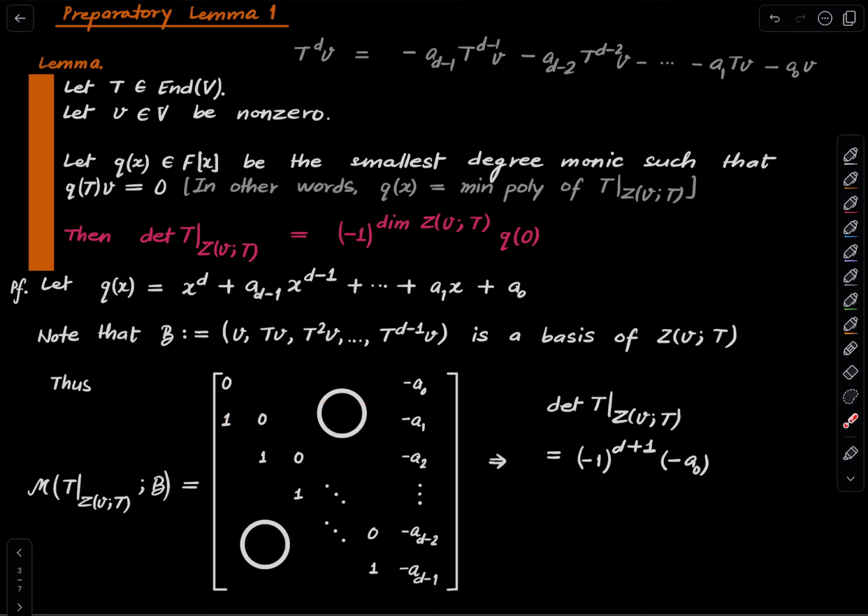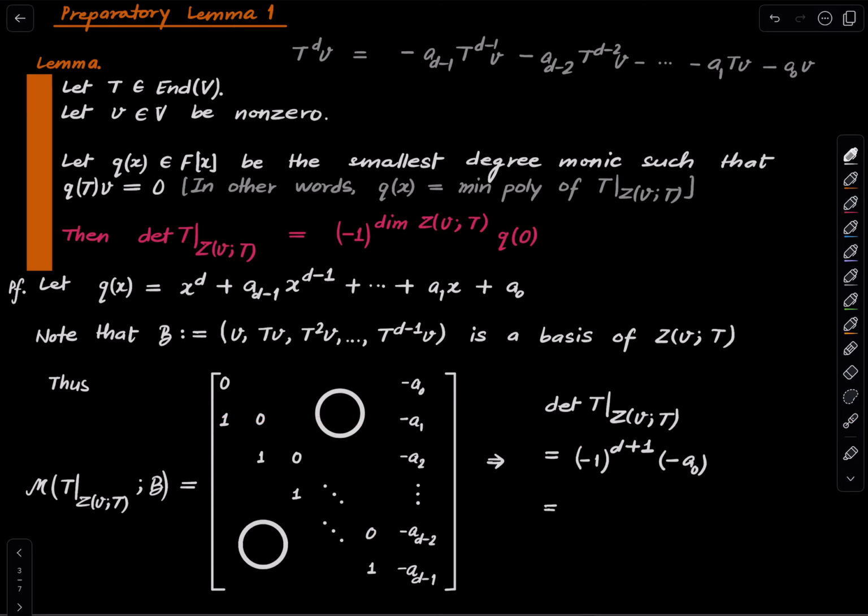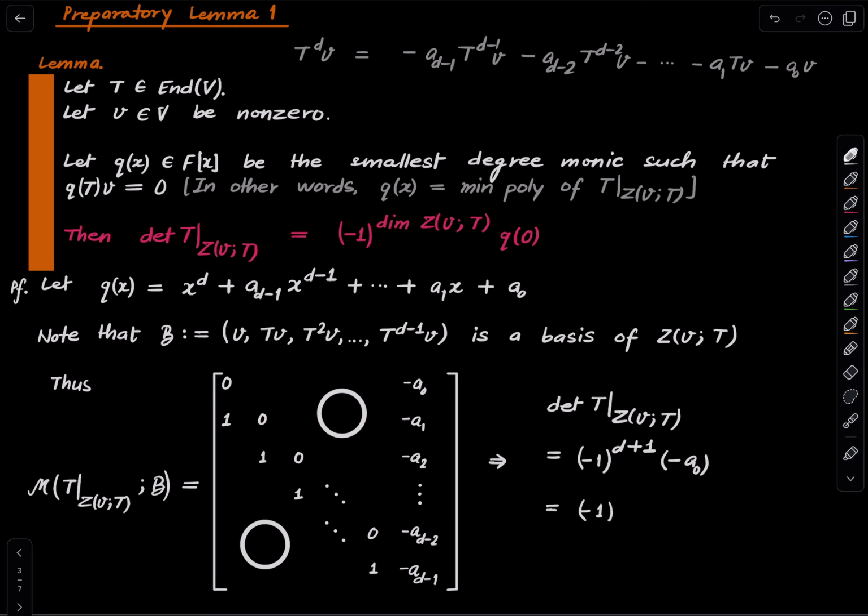Right? That thing is the identity matrix, so its determinant is 1. So that's what it is. Very interesting. Which is equal to minus 1 to the d times a0, which is as claimed.